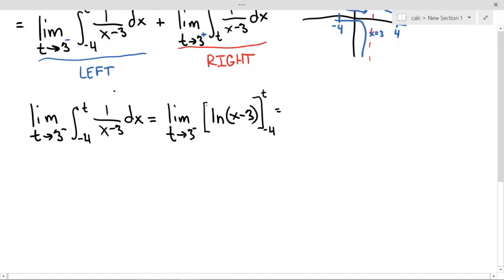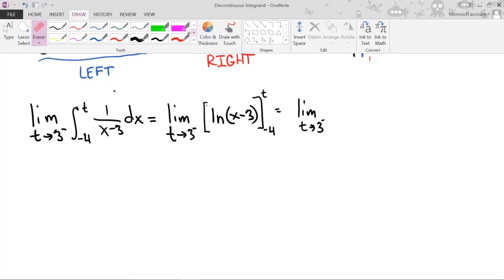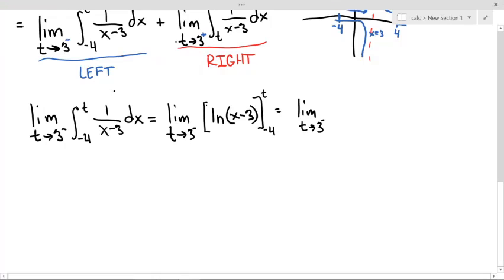Then we plug in our values and get a subtraction: the natural log of t minus 3, minus the natural log of negative 4 minus 3. Oops, I wrote the limit twice. Not supposed to do that.